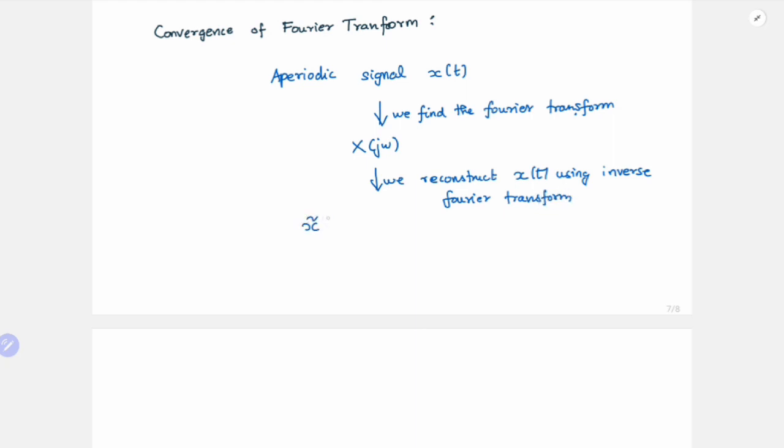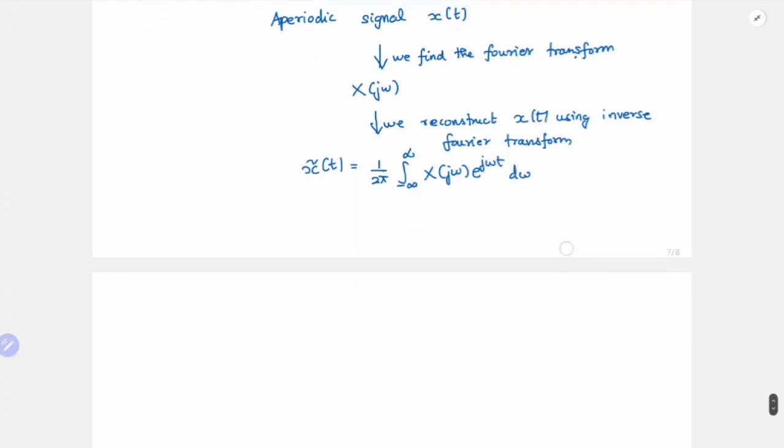So we get some x̃(t), which is nothing but 1 by 2 pi integral from minus infinity to infinity of X(jω) e^(jωt) dω, right?